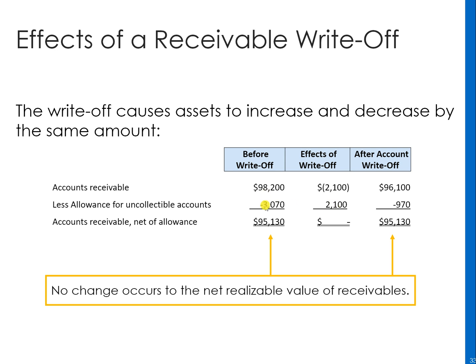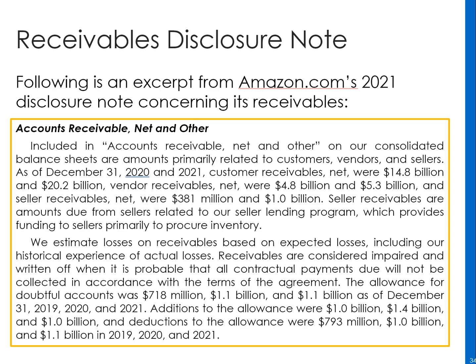Because the allowance account is a negative number, a contra asset account, we're going to add a positive number here. The result is the same amount of net accounts receivable after write-off. So the write-off does not affect the net accounts receivable presented on the balance sheet. Accounts receivable is usually well disclosed by companies.